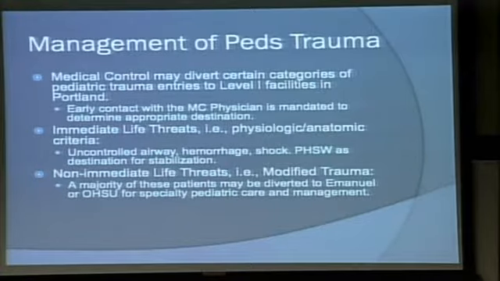Now, immediate life threats with physiologic or anatomic criteria for immediate trauma triage are uncontrolled airway, hemorrhage, shock, multi-system trauma in shock. I don't want you stuck on the bridge with a kid in this thing.